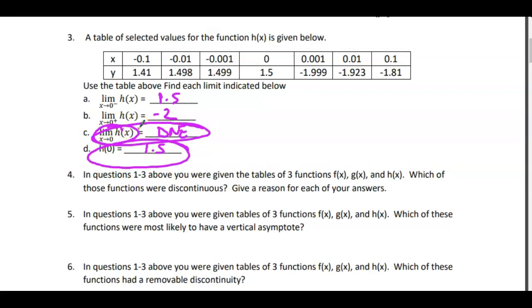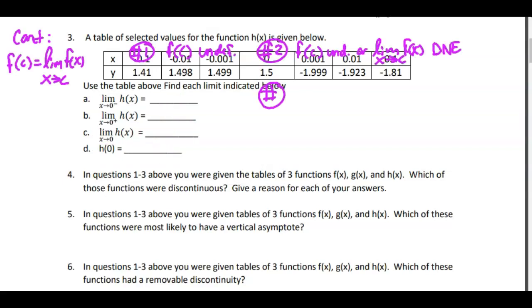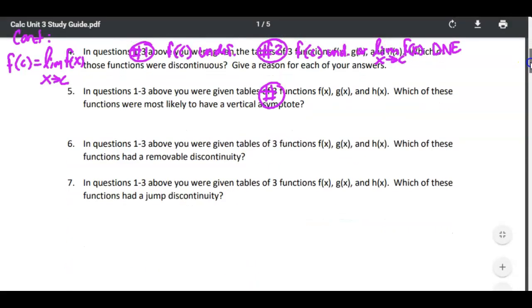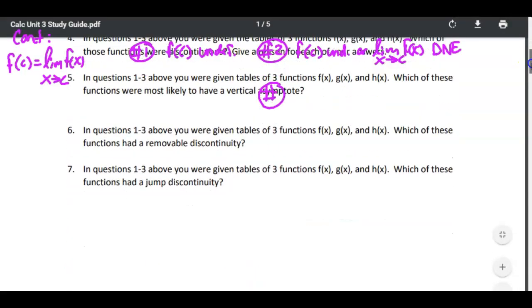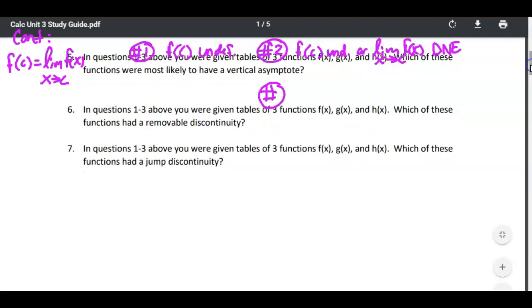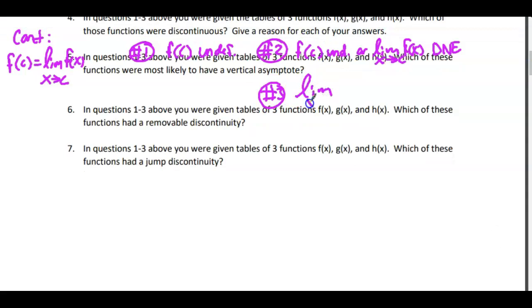So on this other problem that we're talking about now, we only have one reason to say that the function was discontinuous, and that was because the limit did not exist. The limit as x approached our number, which was 0.